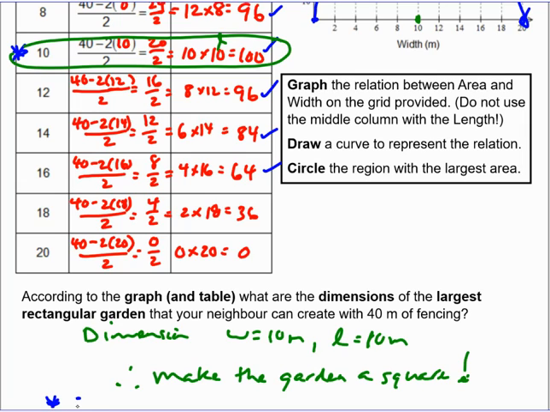A square is most efficient for a four-sided area. All right, so remember that.